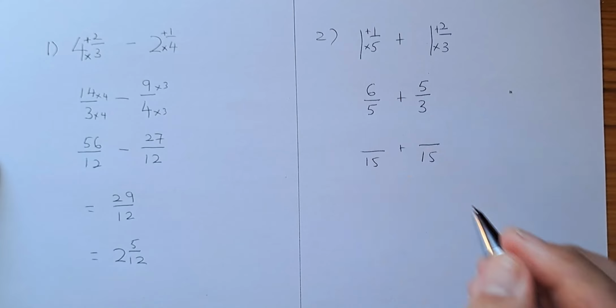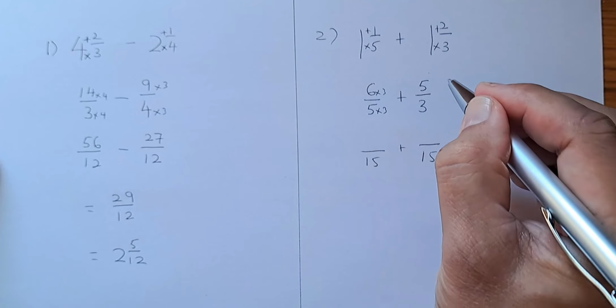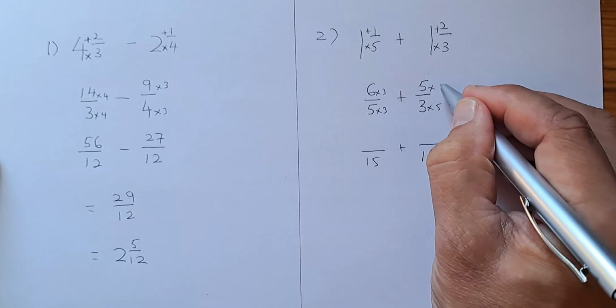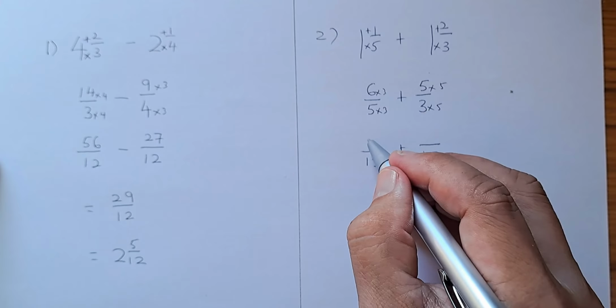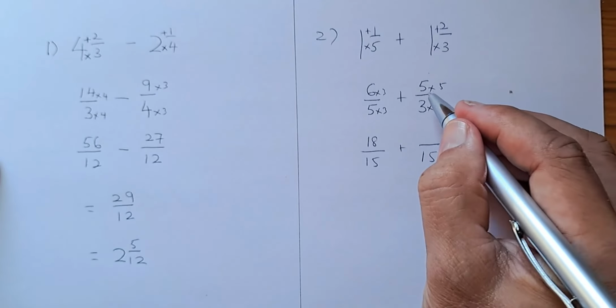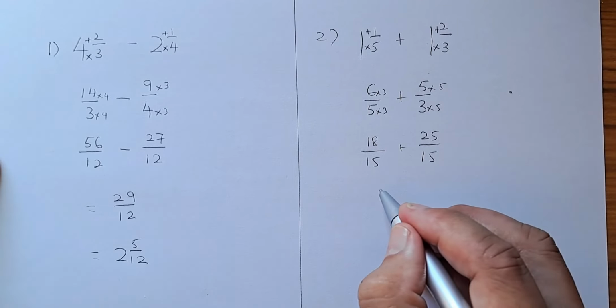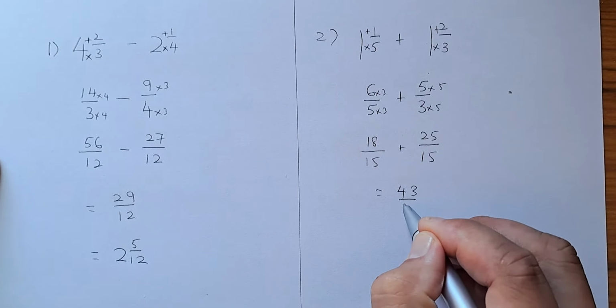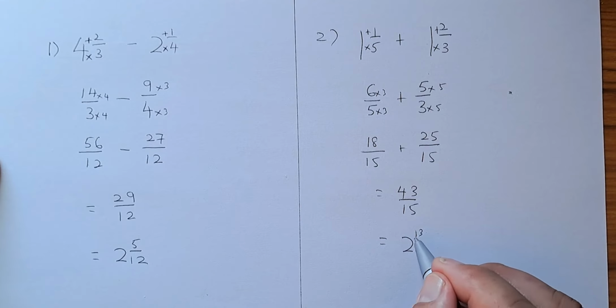So to get 15, the first fraction you multiply by 3, and the second fraction you multiply by 5. So 6 times 3 is 18 over 15, and 5 times 5 is 25 over 15. You add them up, it's going to be 43 over 15. When you simplify, it's going to be 2 13/15.